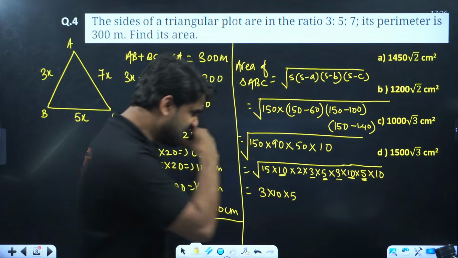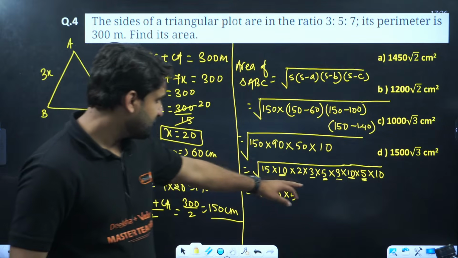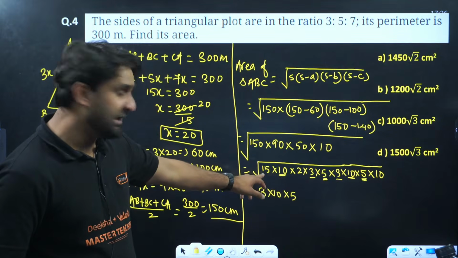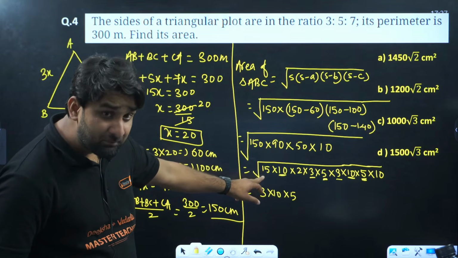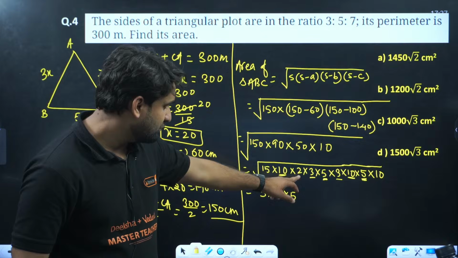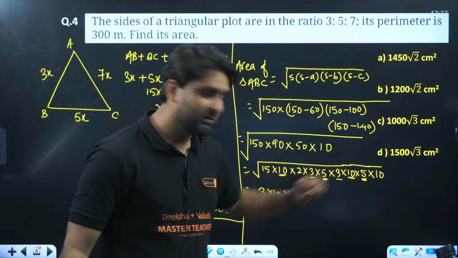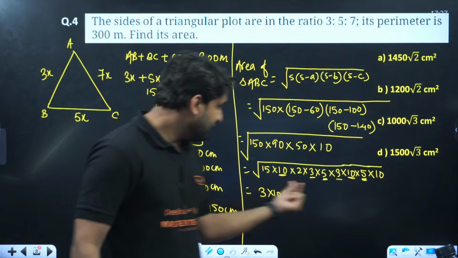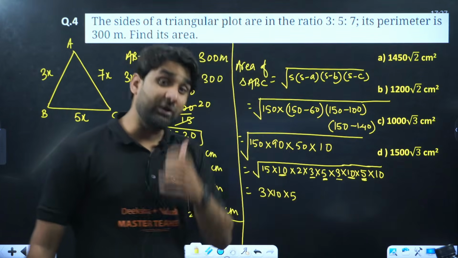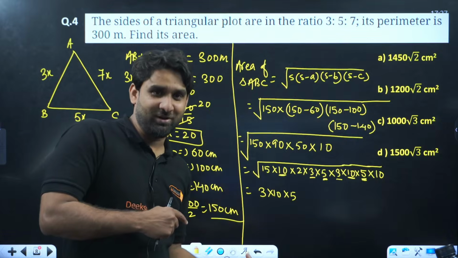Now can you see, guys, here this is 15, and 15 can be written as 3 into 5, and we have this 2, and we have this 10. If I write 15 as 3 into 5, and 10 as 2 into 5, so one 5 is common, right?